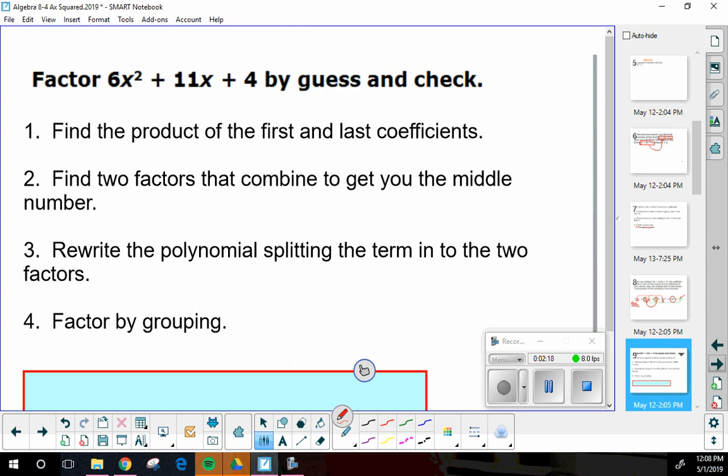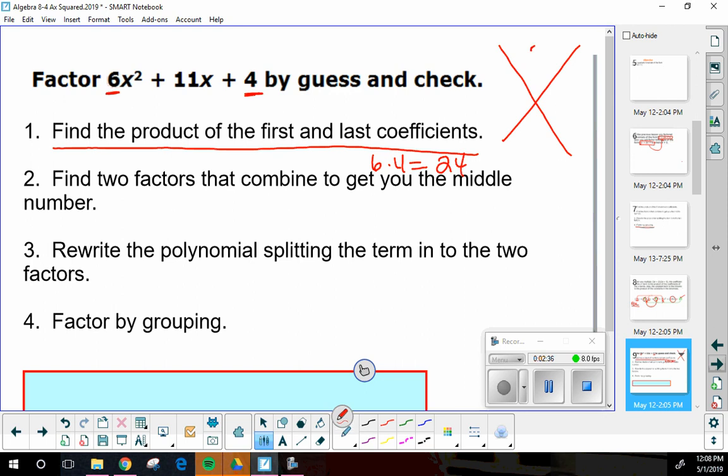Here we're going to make our little x like we always have. So here it says to find the product of the first and the last coefficient. This is the first one. This is the last one. So 6 times 4 is 24, and you put that right here.